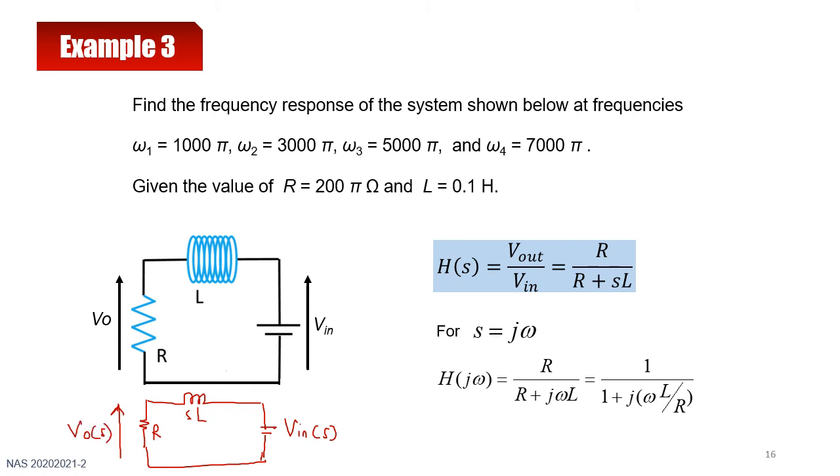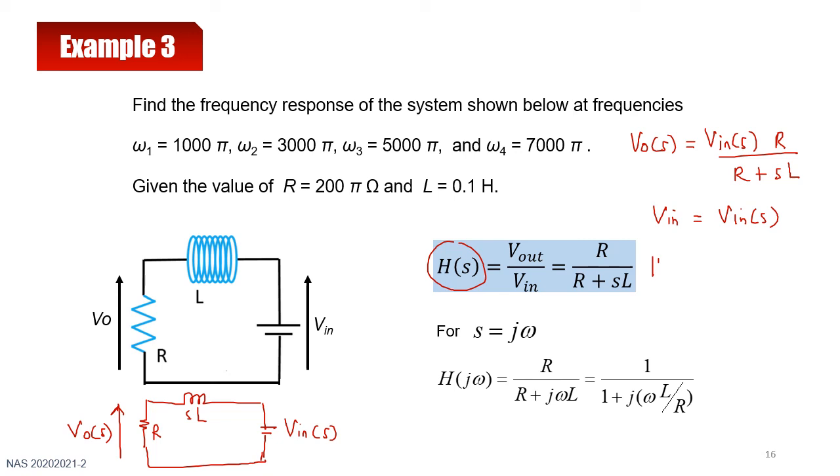As usual, to get the transfer function, H is the ratio between V out over V in. We know from the given circuit, V out(S) using the voltage divider equals V in(S) multiplied by R divided by the total impedance, so R plus SL. Then V in equals V in(S).